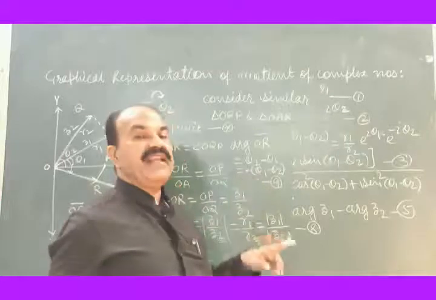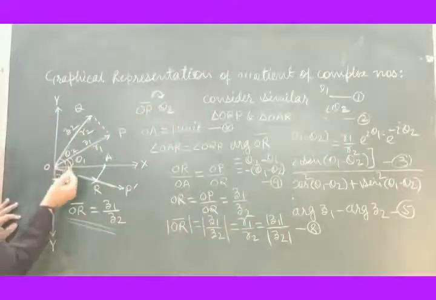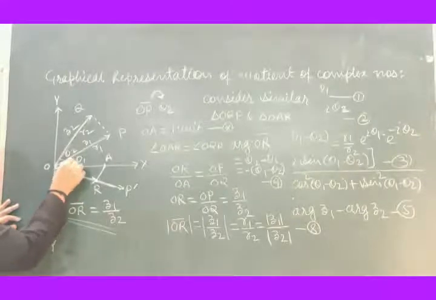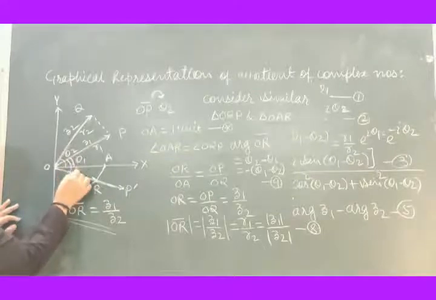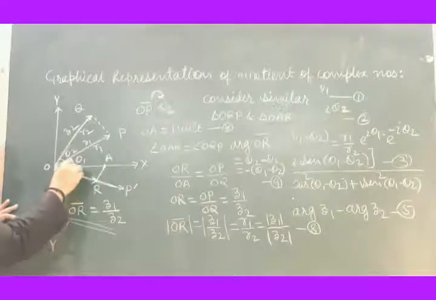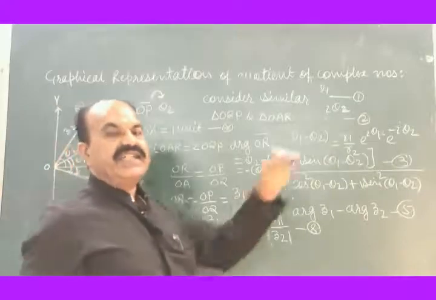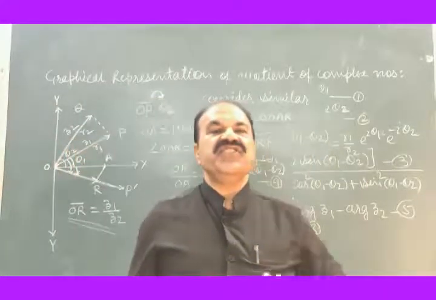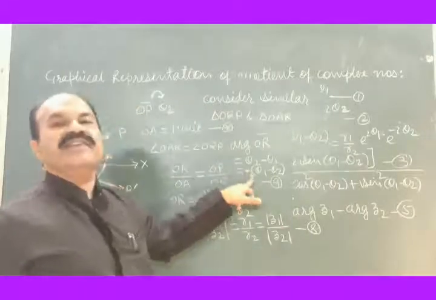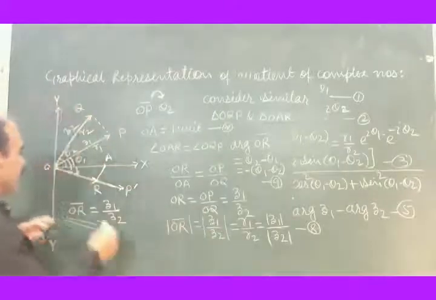Why this minus sign? Because angle theta 1 minus theta 2 is this angle. Subtraction of this angle and this angle is this angle. This is the x-axis. Angles measured from the x-axis in the clockwise direction are negative, and therefore it is minus of theta 1 minus theta 2.